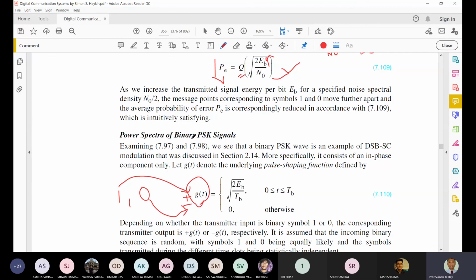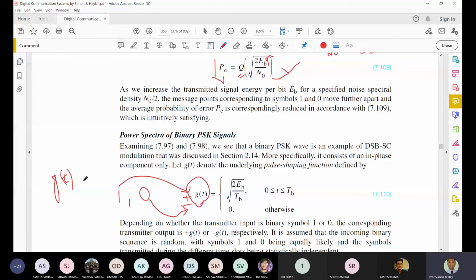Okay, so the energy spectrum density of signal g(t). So basically, what is the shape of g(t)? If we draw the shape of g(t), what should be the equivalent shape? It is rectangular.